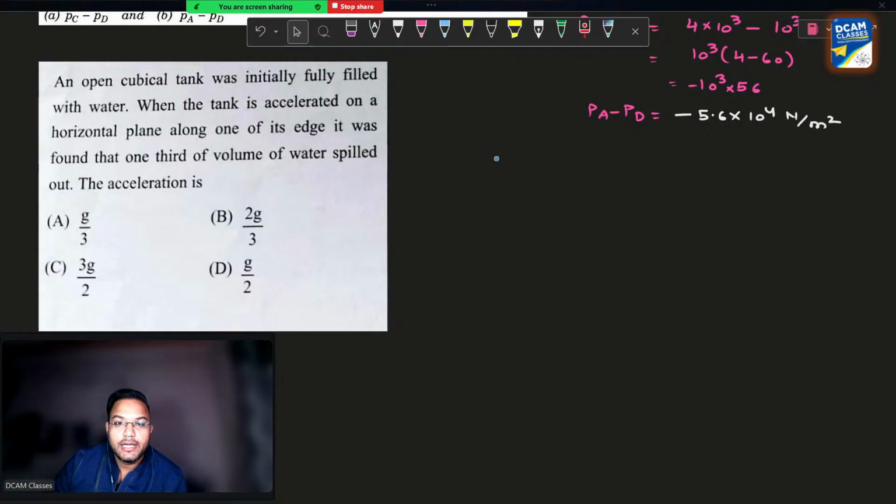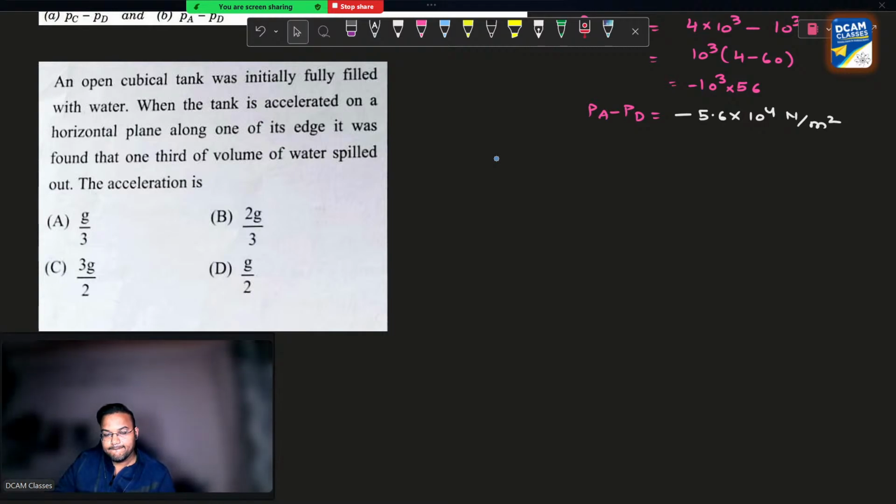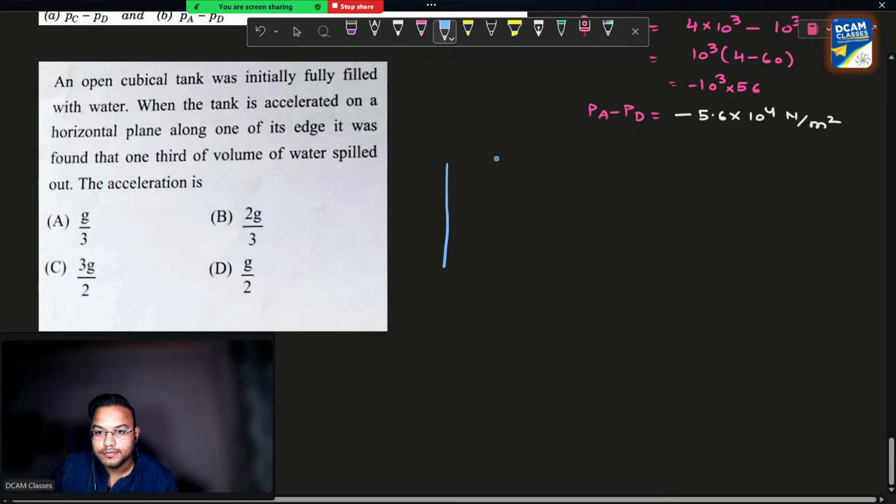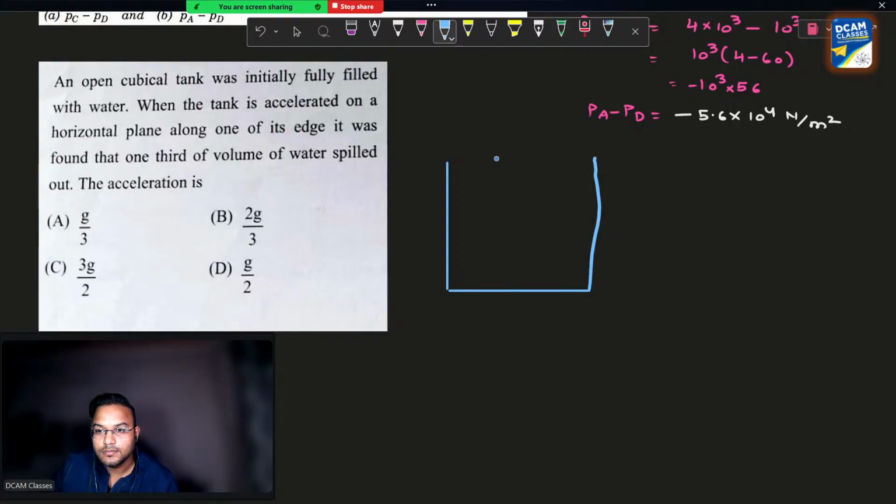The open cubical tank was initially fully filled with water. When the tank is accelerated on a horizontal line, it was found one third of the volume of water is spilled out. Okay, let's draw it. It was fully filled, but what happened?